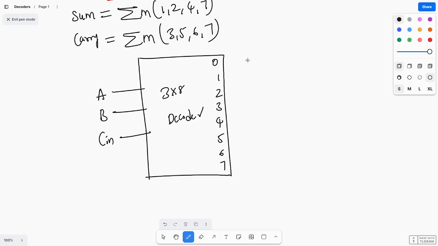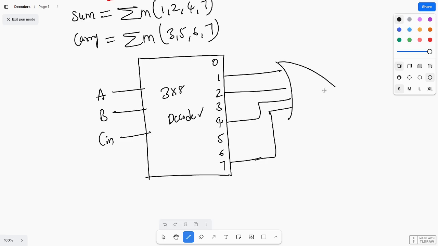These are nothing but product terms, or we can call them minterms. So what are the minterms? 1 2 4 7. This is connected with which gate? OR gate.